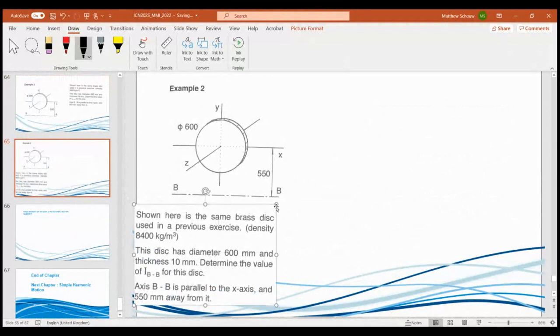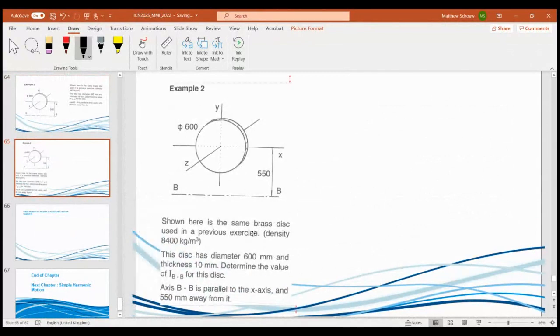Okay. So first step. The objective of the question is obviously to get to Ibb, right? So let's find Izz. Izz for a disk in the center, if I remember correctly, shouldn't that be md squared over 8, I think.